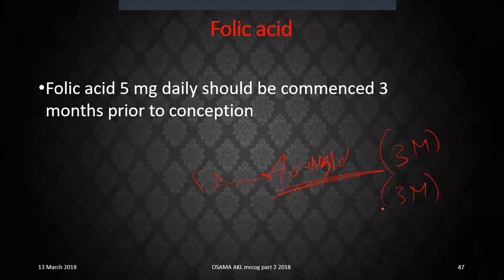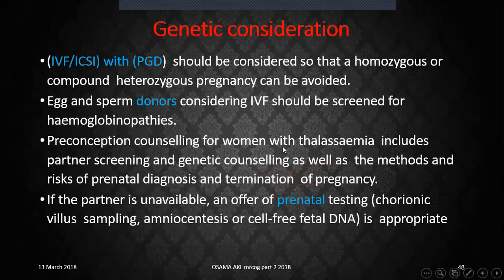While in cases with hemoglobinopathy, we give 5 milligram throughout all pregnancy because she has active erythropoiesis. So we need large doses of folic acid for erythropoiesis and for prevention of open neural tube defect.